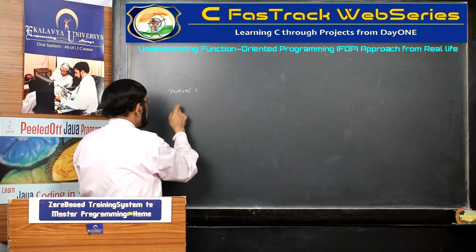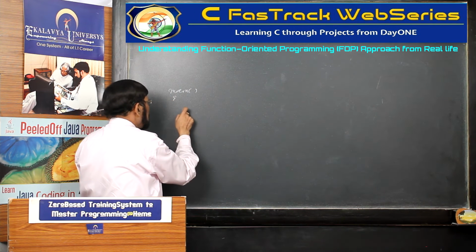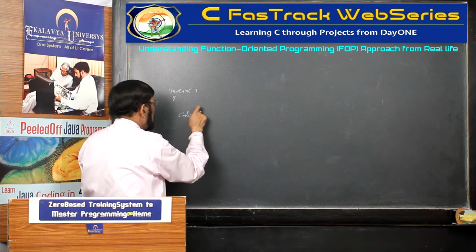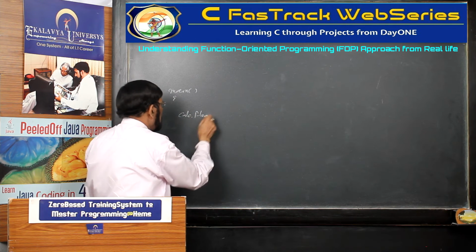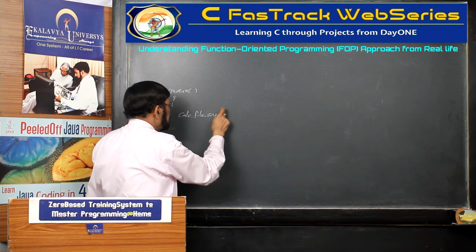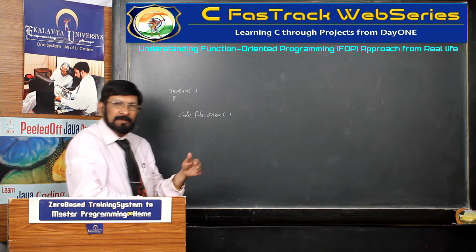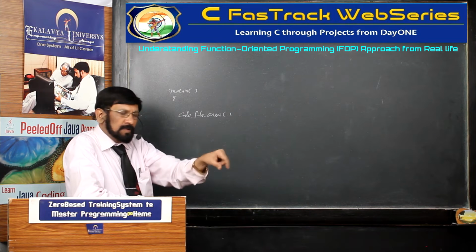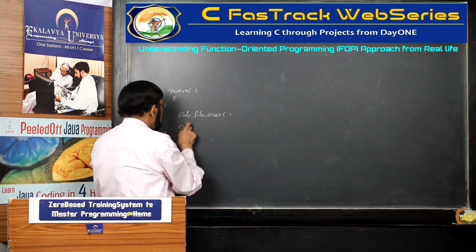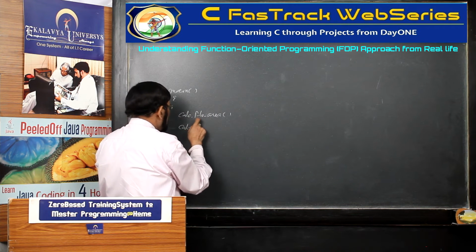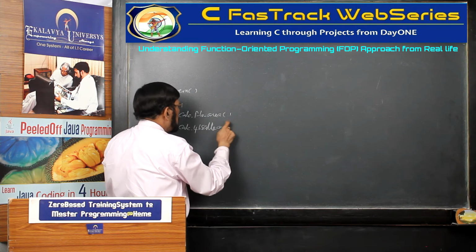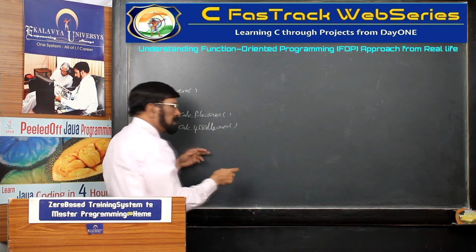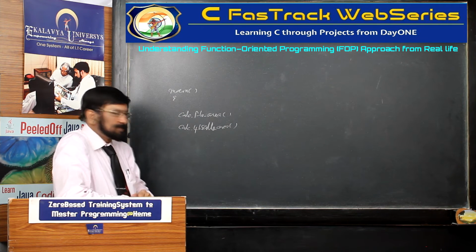Main calls a function called calculate floor area. This is meant for calculating floor area. And another function is called calculate four walls area. This is meant for calculating four walls area.